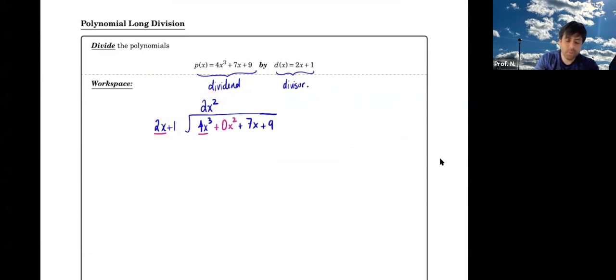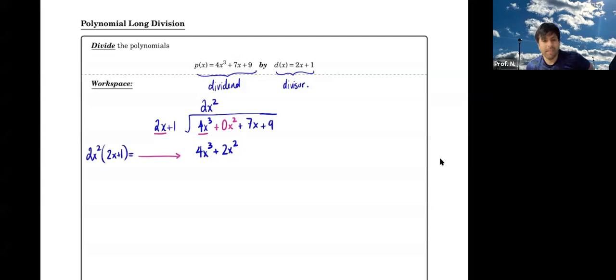And when I do so, what do I get? I get 4x cubed, and then plus 2x squared. So again, this comes from 2x squared multiplied by 2x plus 1.